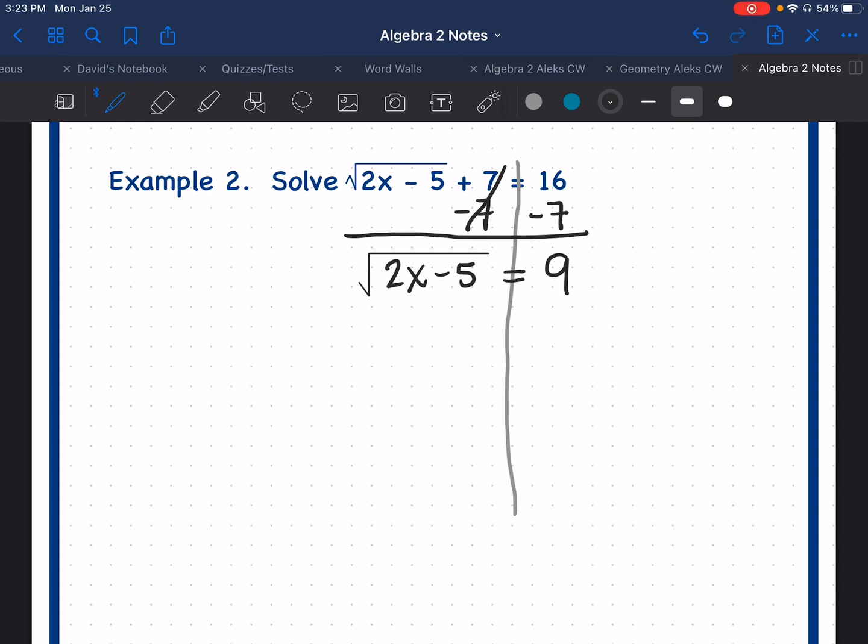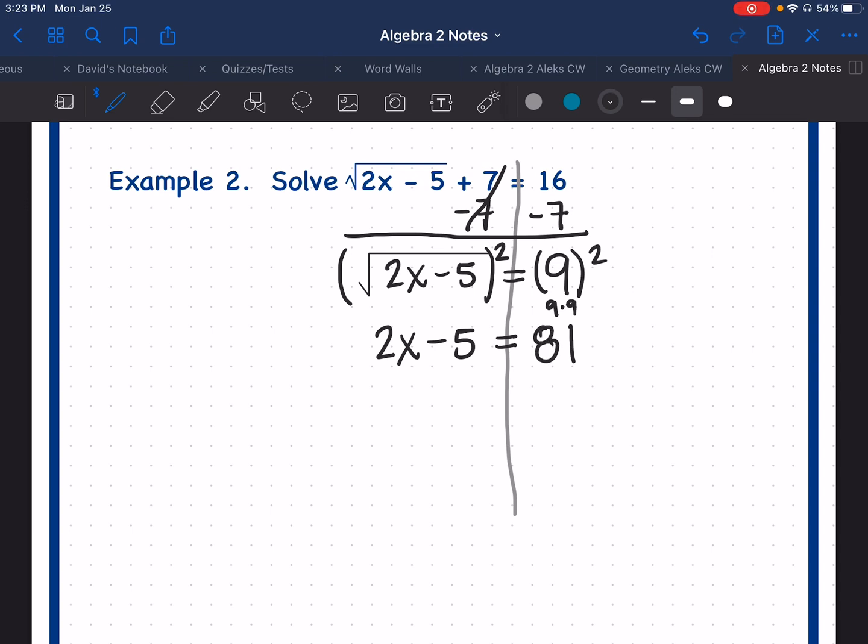Because the 2 and the 5 are underneath it, I have to get rid of the square root before I can get rid of the 2 or the 5 that's next to my x. To get rid of a square root, I do its opposite, which is squaring. When I square this side, I get 2x minus 5. What I do to one side of an equation, I must do to the other. 9 squared, 9 times 9 is 81.